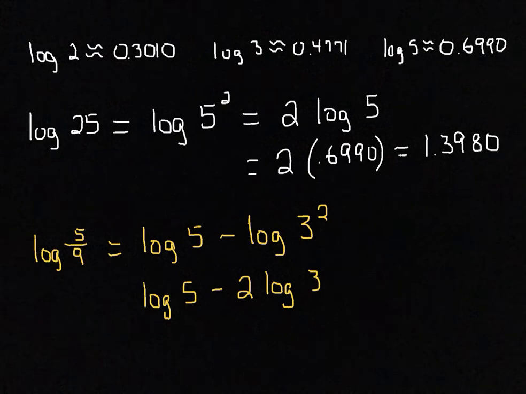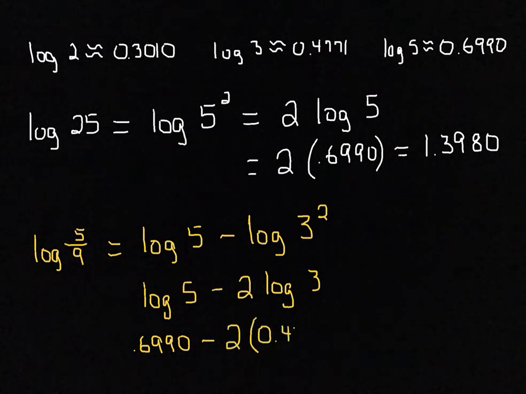So log of 5 is 0.6990 from up top, minus 2 times the log of 3. Well, log of 3 is 0.4771. Now, using a calculator, 2 times 0.4771, and subtracting that from 0.6990, we get negative 0.2552.